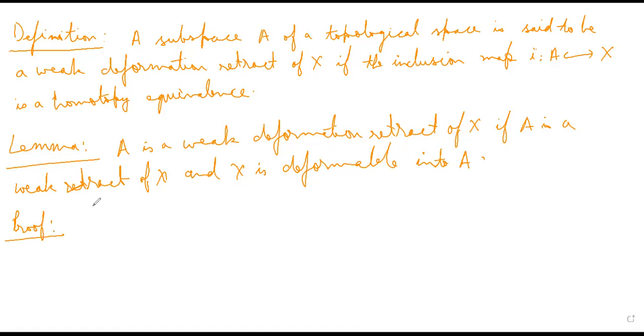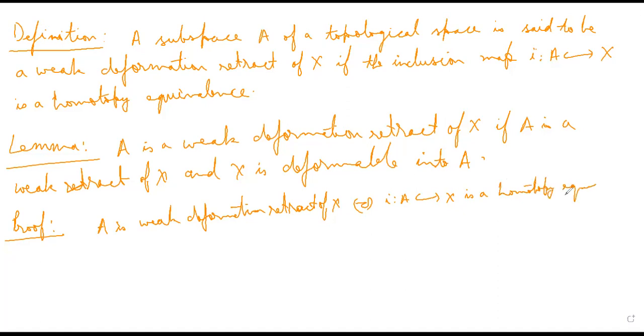So A is a weak deformation retract of X if and only if this inclusion map is a homotopy equivalence.